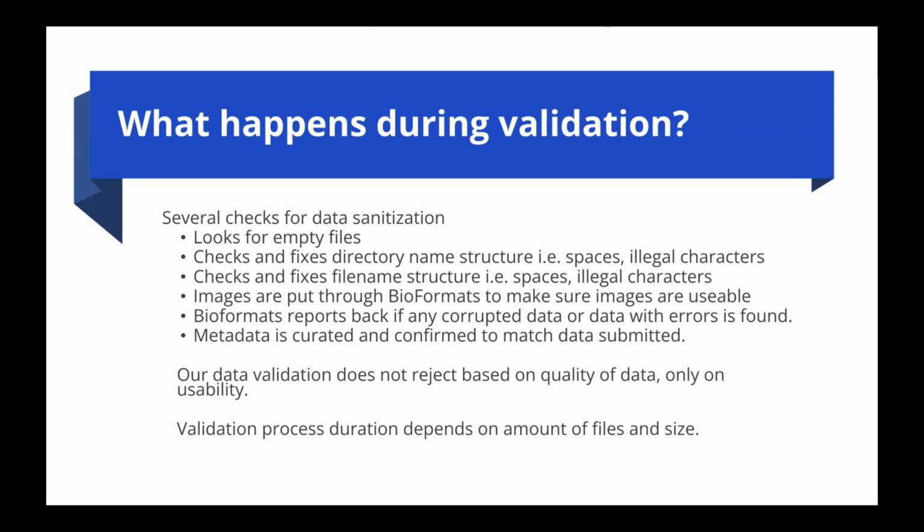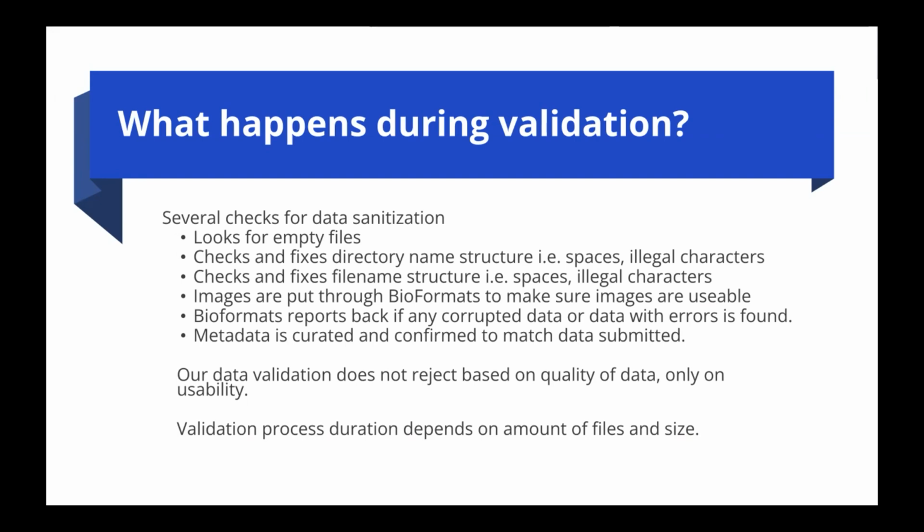So we get that report back from bioformats, and then finally we curate the metadata and confirm that it's the same as the metadata submitted, and then we run a move on everything. The validation of data does not necessarily mean the quality of it. It's just whether it can be used or if it is having any errors or things like that.